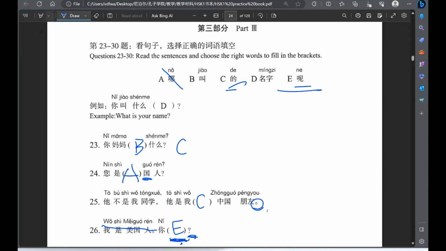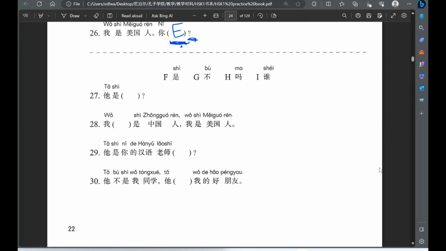And let's come back to the sentence. 我是美国人 I am American. And I want to know your nationality. 你呢? What about you? This part 3 is easier than part 2, right?